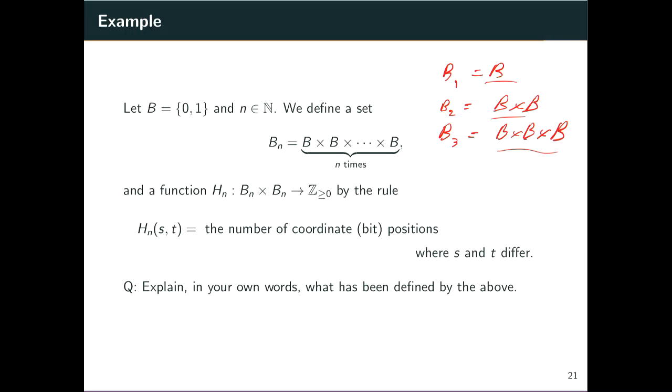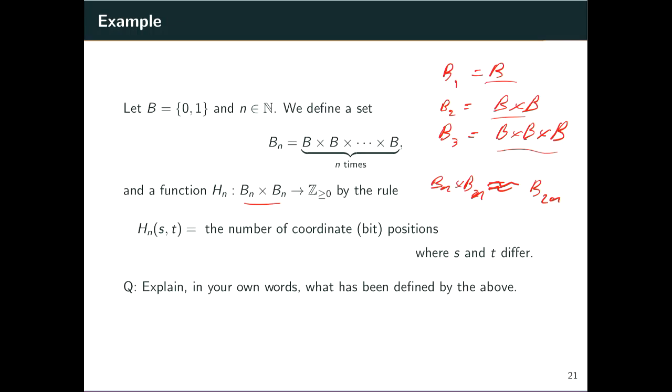And then what we're going to do is, for each n in the natural numbers, we're going to define a function hn, which takes something inside of Bn Cartesian with this again. This is a little bit funky. You could nearly think of this as, I'm going to draw this as squiggly equals, the same as B to the n.